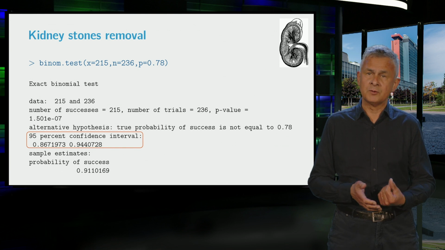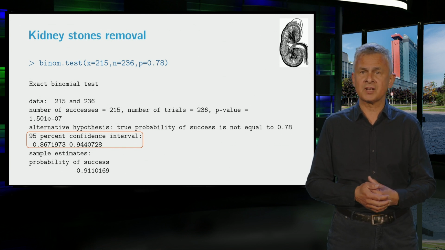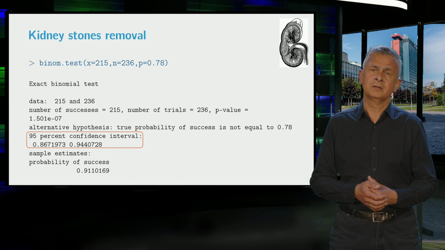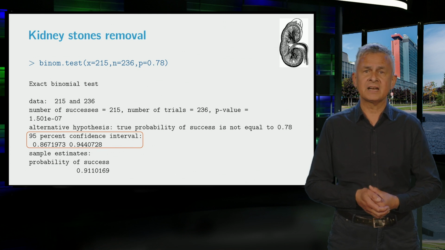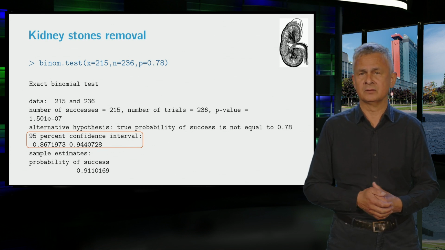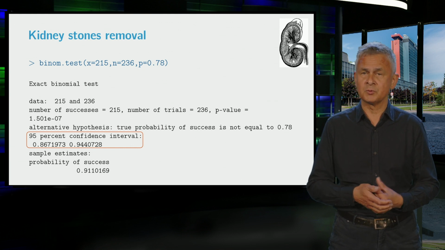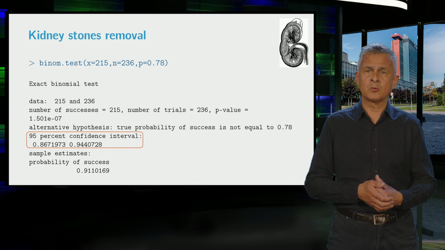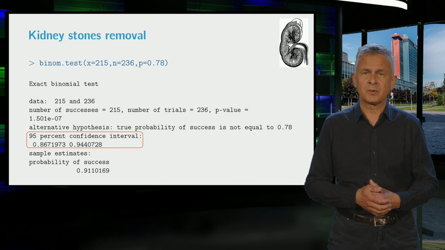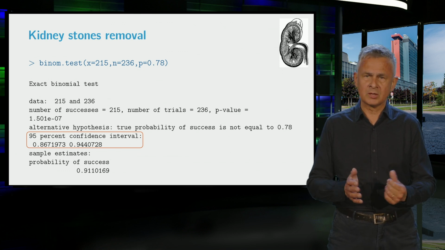However, when running this R function for a two-sided alternative, the output also reports a 95% confidence interval. This is not one of the two constructions we just discussed, but another one based on yet another approximation. We will not go into this.